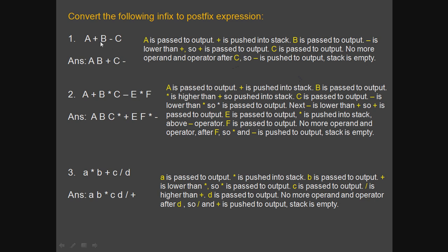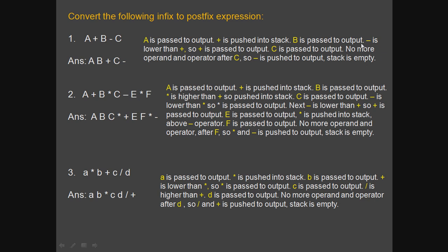Then next comes b. b is an operand, so it is pushed to the output, and we have the output ab. Keep in mind that plus is still inside the stack, not yet printed out. Next after b is minus.